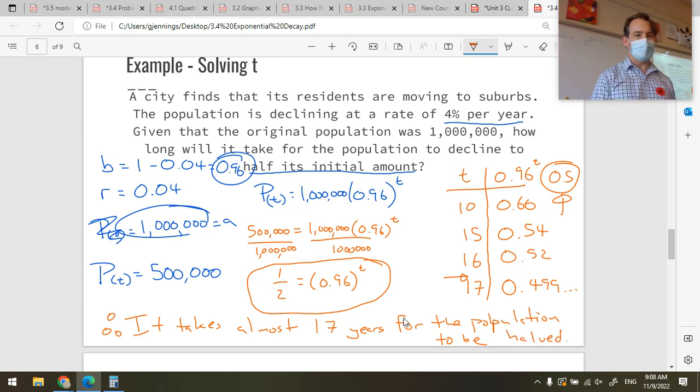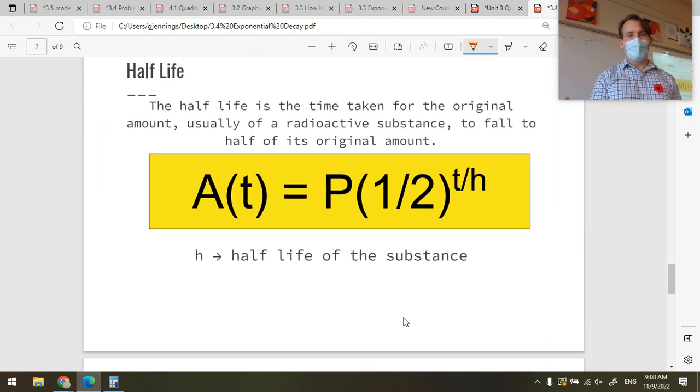There. Okay. One more idea. Another common decay type problem that you will have is the half-life of radioactive materials or the half-life of drugs in the human body. So a drug might decay exponentially in the human body.